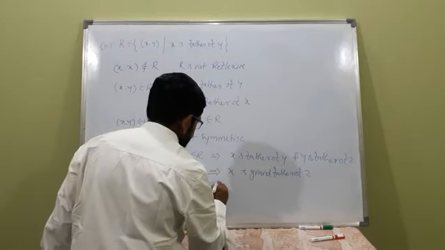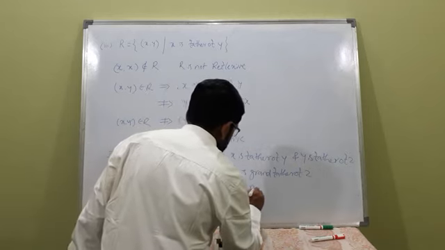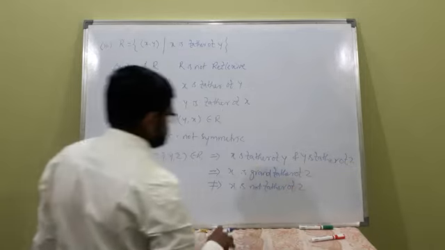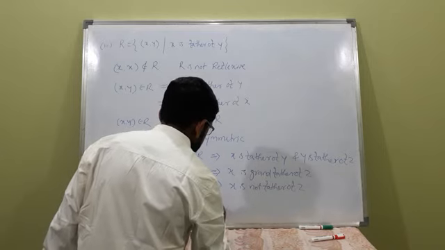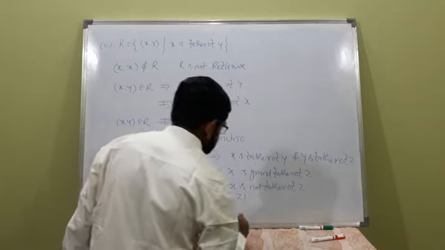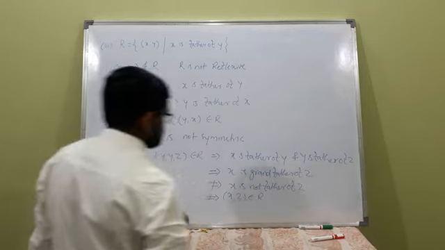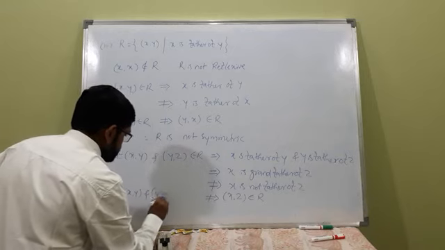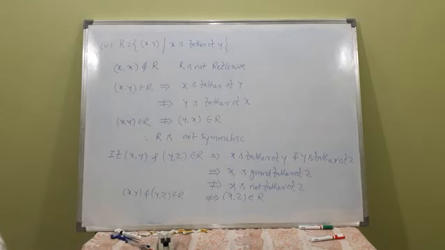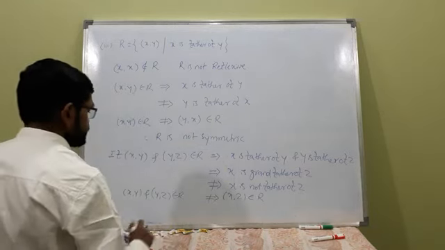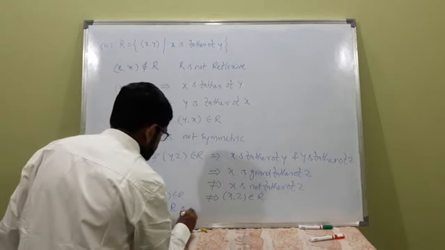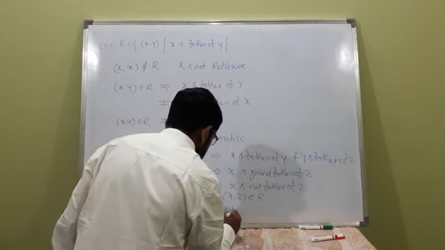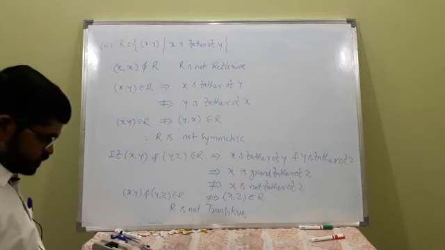That means x is not father of z. That does not imply (x, z) belongs to R. That means (x, y) and (y, z) belonging to R does not imply (x, z) belongs to R. So R is not transitive. Okay.